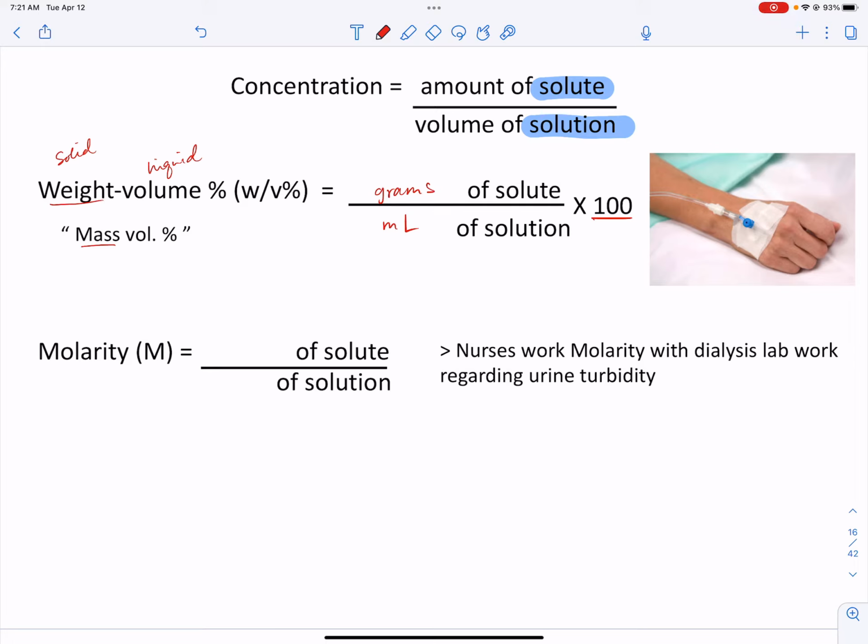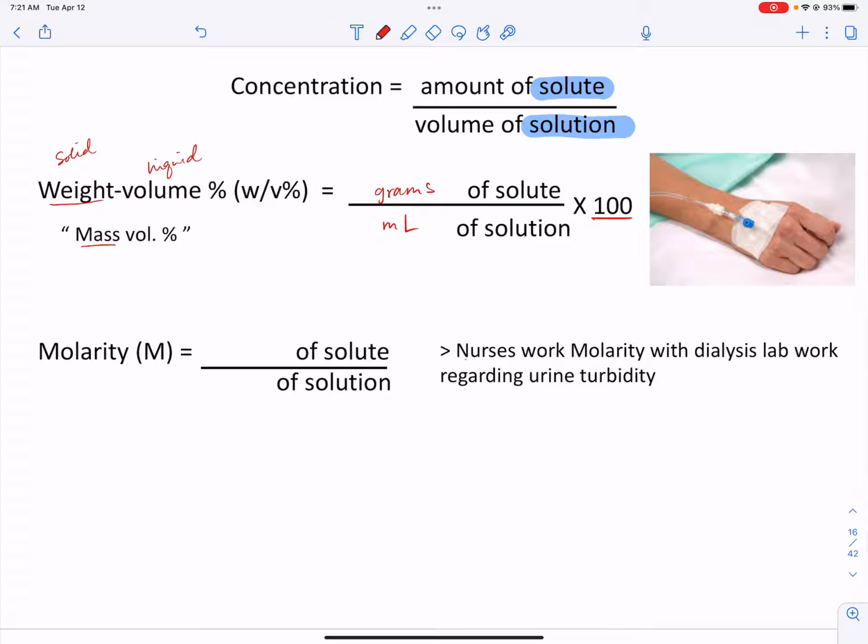Okay, so you have to know concentrations of those things to make sure that the patient or whoever you're working with is getting consistent concentration over time, which is why they're doing it via this IV. But then what that concentration means, okay, so that you know how much of the total drug or solute that they're getting in their body.